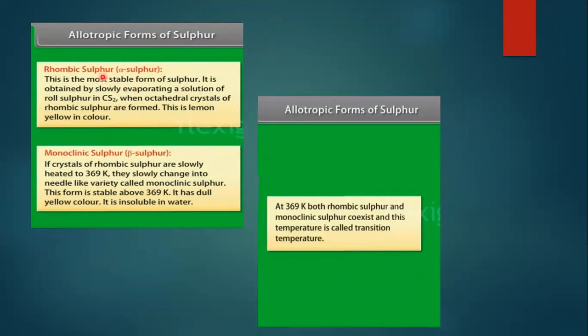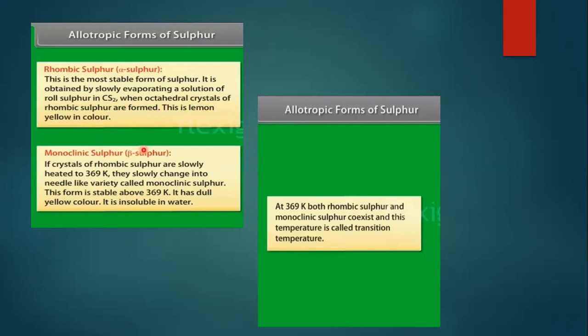Now first we are discussing rhombic sulfur. It is the most stable form of sulfur. It is obtained by slowly evaporating a solution of roll sulfur in carbon disulfide. When octahedral crystals of rhombic sulfur are formed, it is lemon yellow in color.